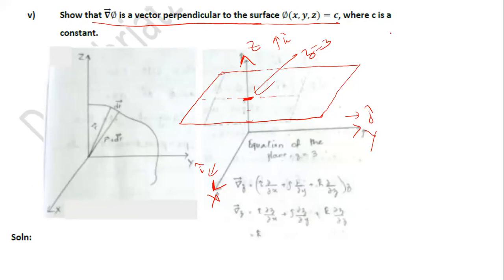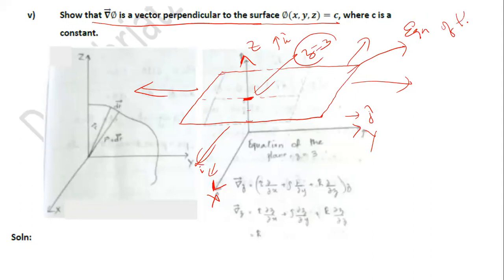If this is an infinite plane, that means it extends in this direction up to infinity, and in this direction up to infinity. When we have a fixed plane, the equation of the plane will be z equal to 3. Why do I say that z equal to 3 is the equation of the plane?